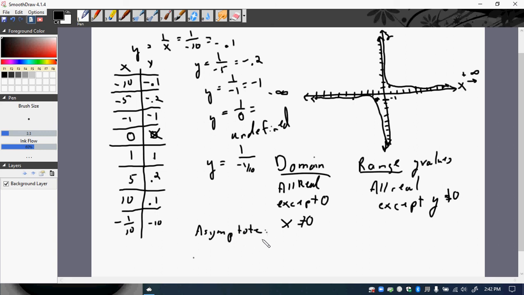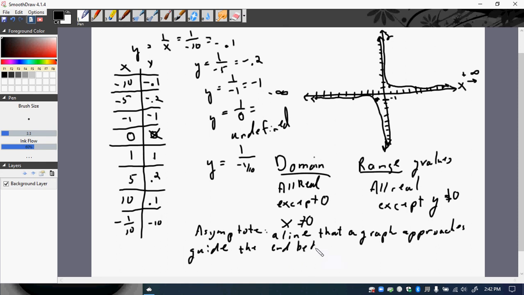Okay, so an asymptote basically is a line that a graph approaches, and it's a guide to the end behavior, such as negative infinity and positive infinity of the function.